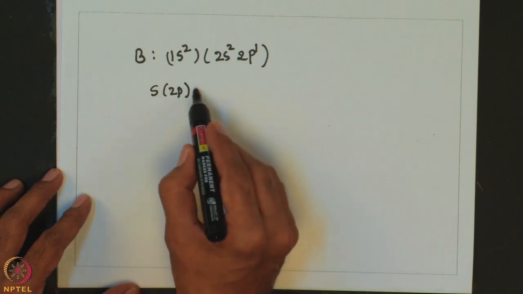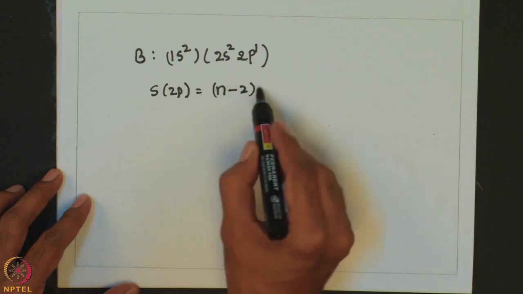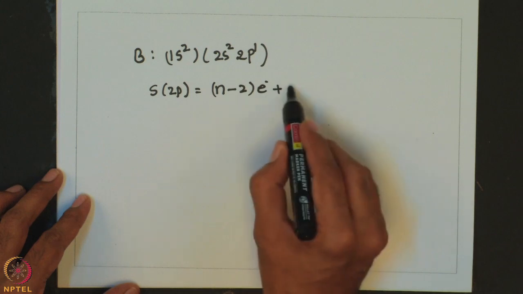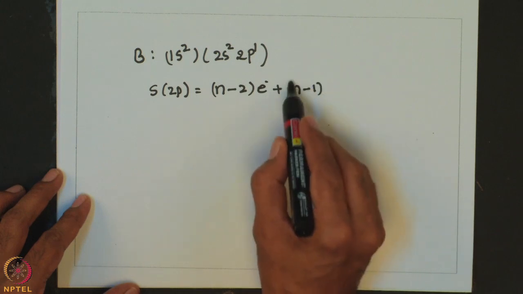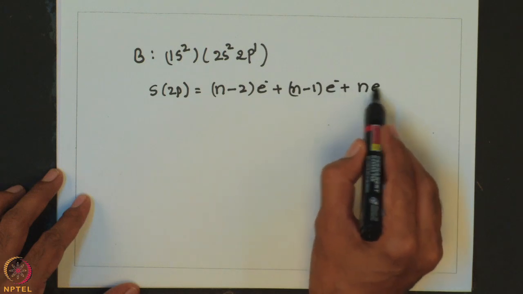For this, one should write first n minus 2 electrons, and n minus 1 electrons, and plus n electrons.